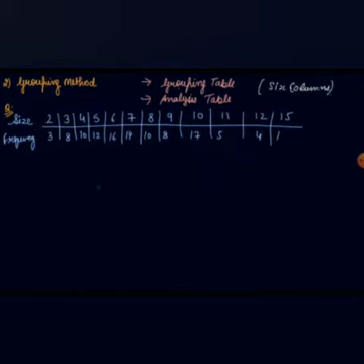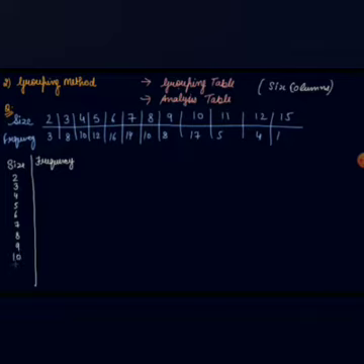Let's understand the grouping method. Here you take the size, then you take the frequency. The size is 2, 3, 4, 5, 6, 7, 8, 9, 10, 11, 12 and 13.